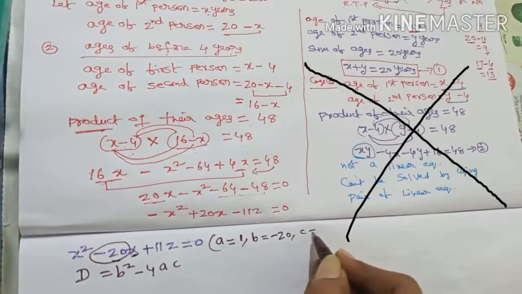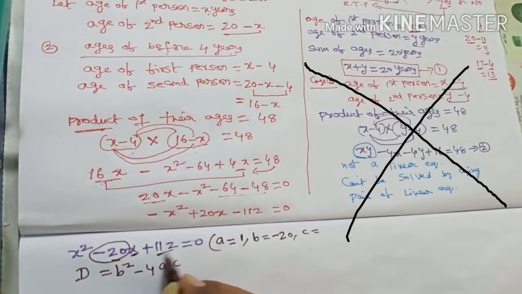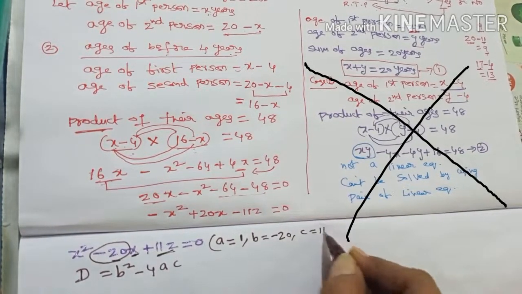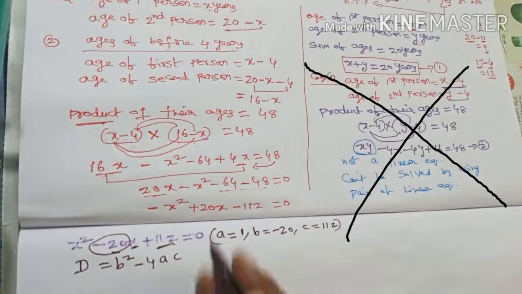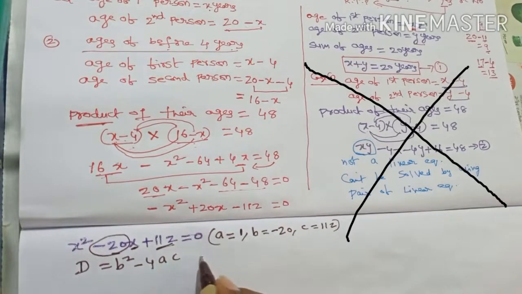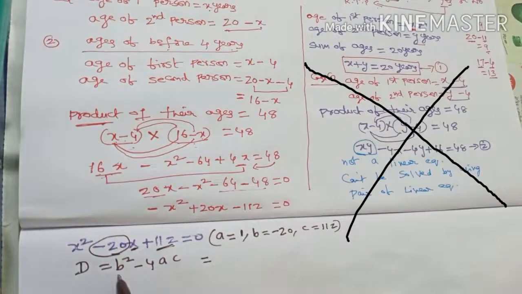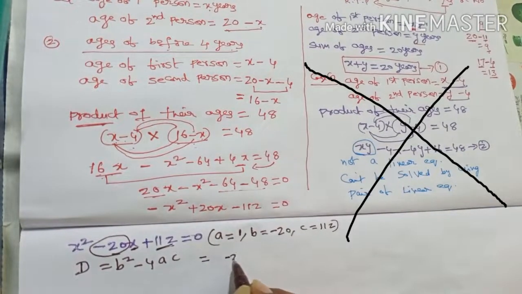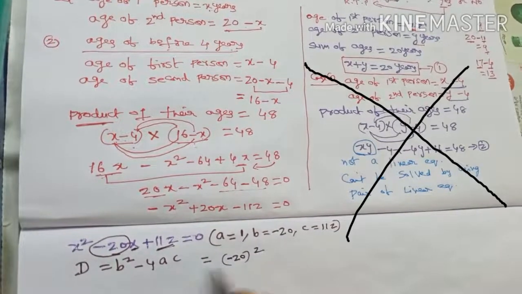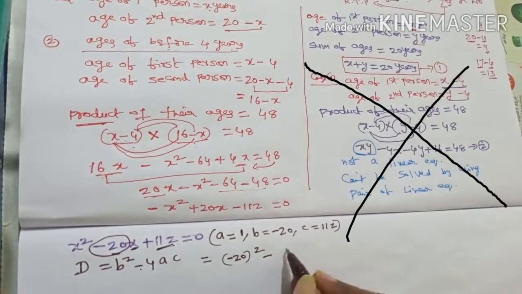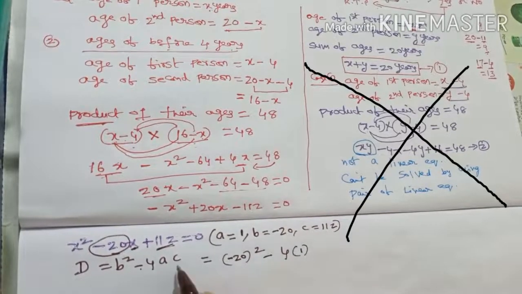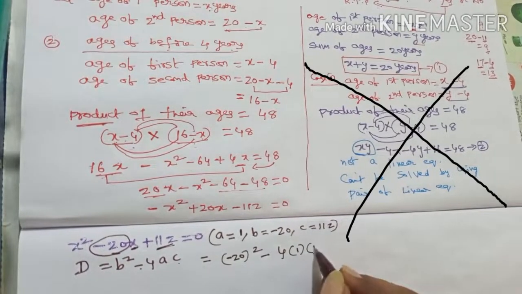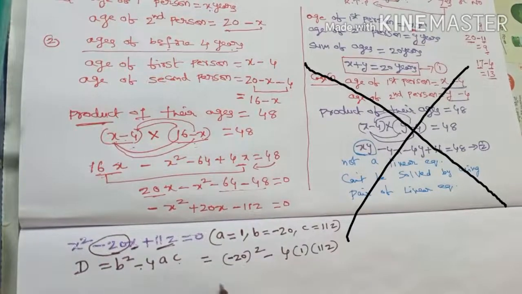Then come to c. C is nothing but the constant. What is the constant here? 112, isn't it? Therefore, you have to substitute the values here. That is equal to b square, b is minus 20 whole square, then minus 4, thereafter a is 1, thereafter c is 112.